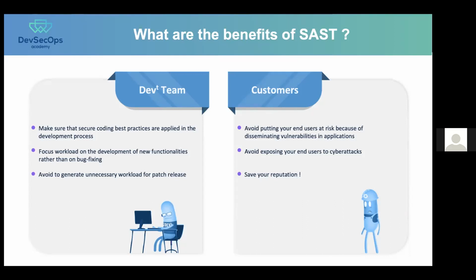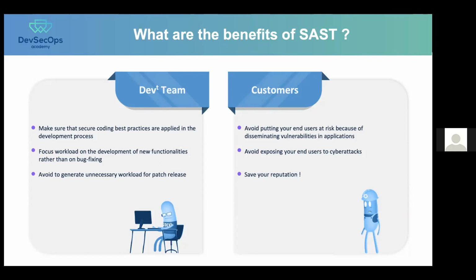And as you are in a security by design approach, you will avoid generating unnecessary workload for patch releases, because you will have identified the problems during the development lifecycle and not after the application is deployed to the users. For the users, the customers of your application, you will avoid putting them at risk by disseminating vulnerabilities in applications.